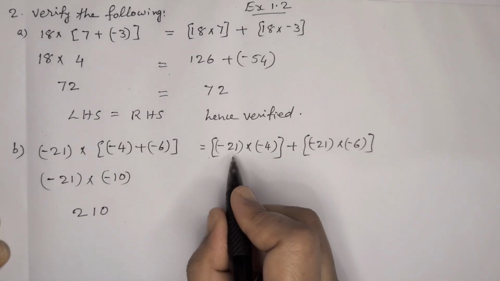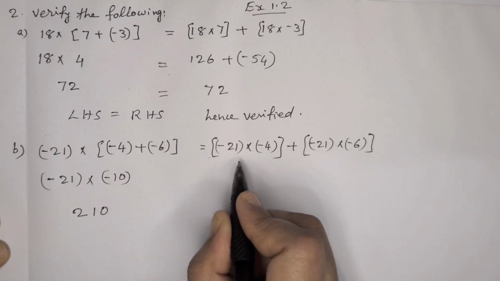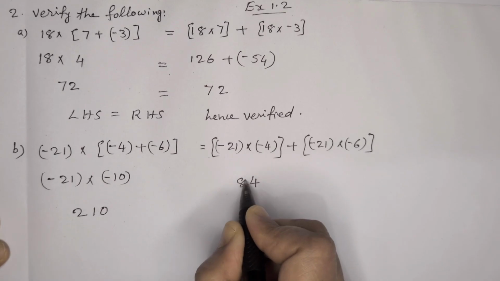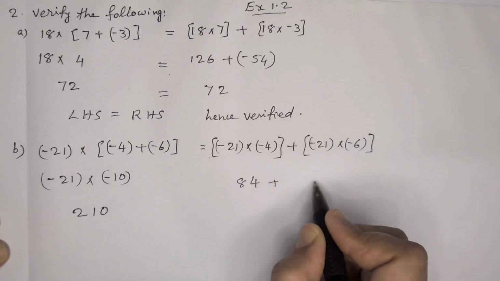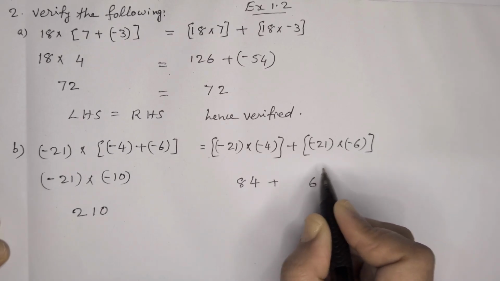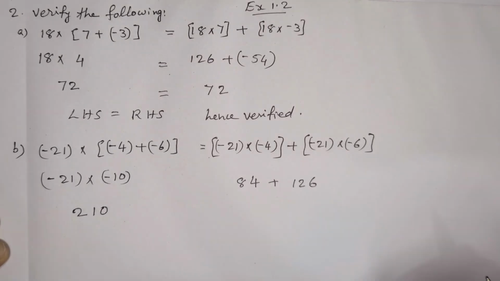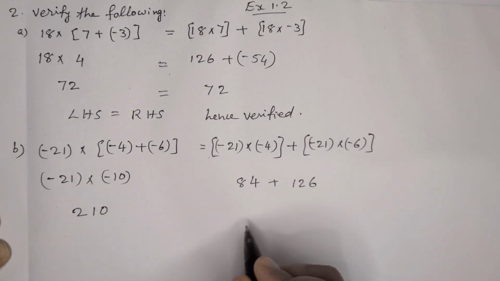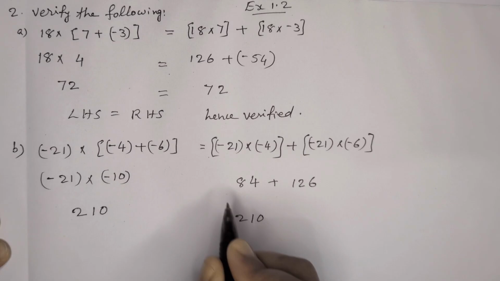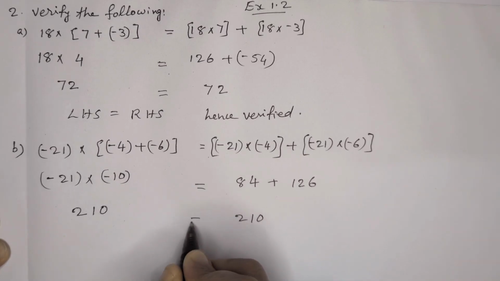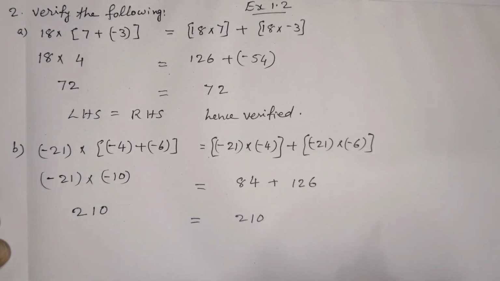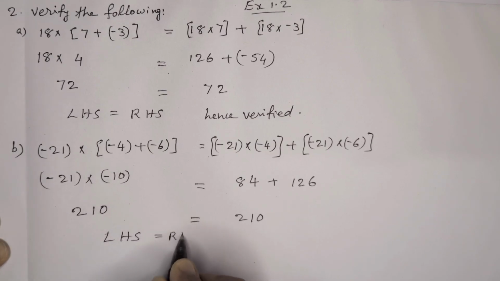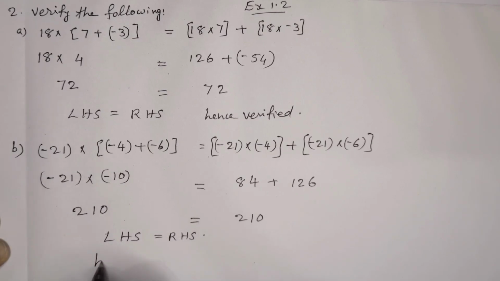The other side, minus into minus positive, 21 into 4, we will get 84, plus 21 into 6, 126. And when we are adding 84 plus 126, that also we will get 210. So both the sides we are getting the same answer. LHS is equal to RHS. Hence verified.